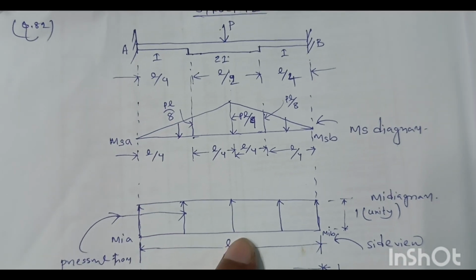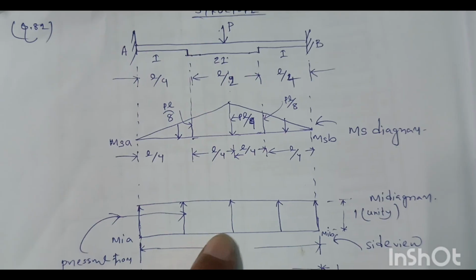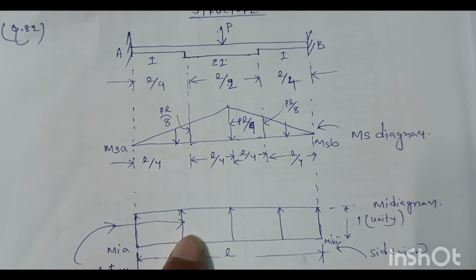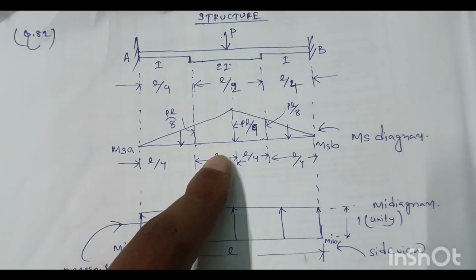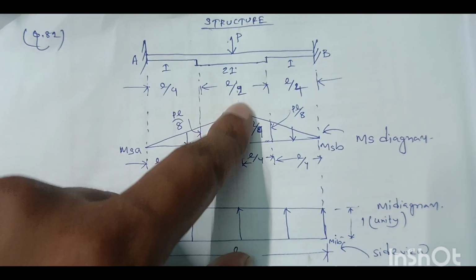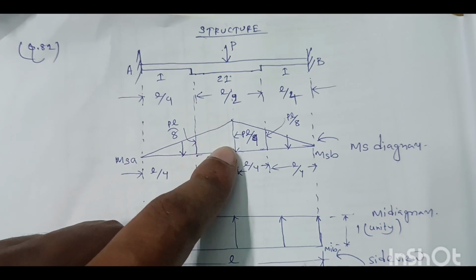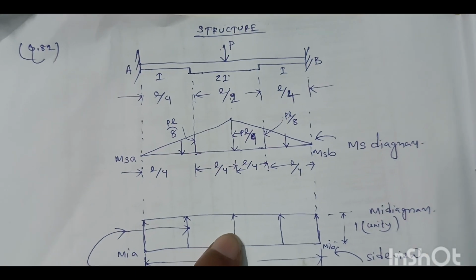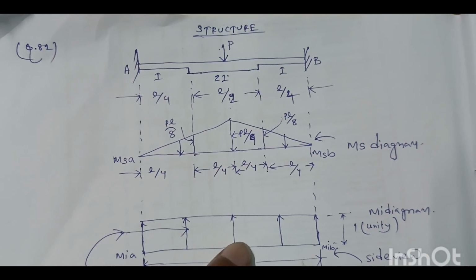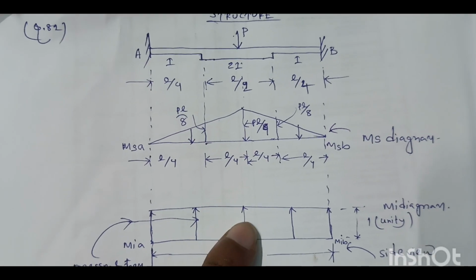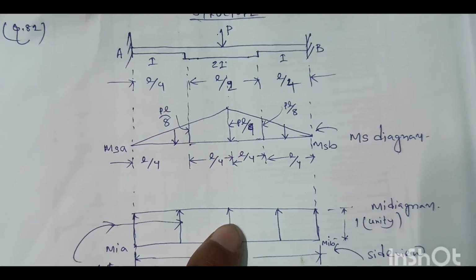So this is the pressure diagram from the analogous column when subjected to a load. The load will be upwards because under this bending moment diagram the load is downward. To counteract this, the upward load will be generated from this analogous column to balance the downward load. That's why the beam is in equilibrium.